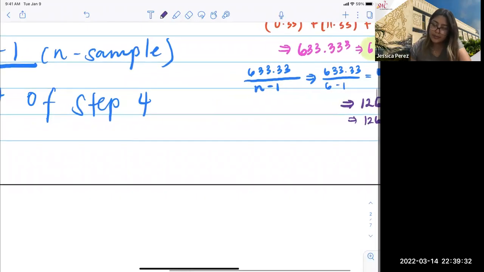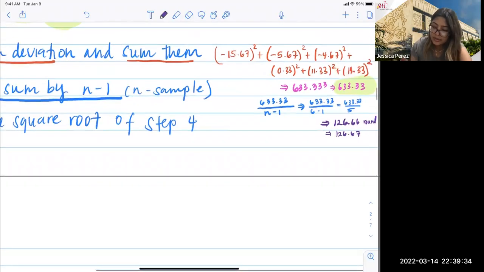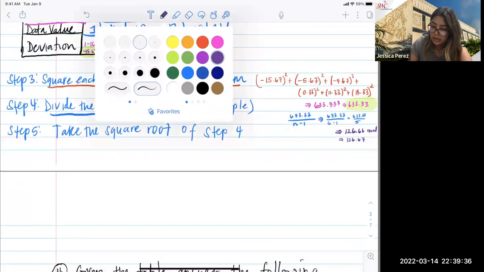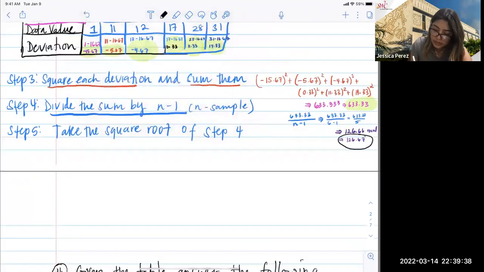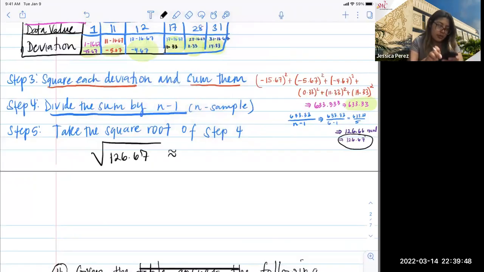Then the last step is you have to take the square root of that particular number. So you take the square root of 126.67, and you're going to have to round.